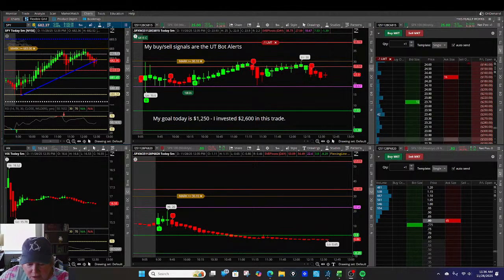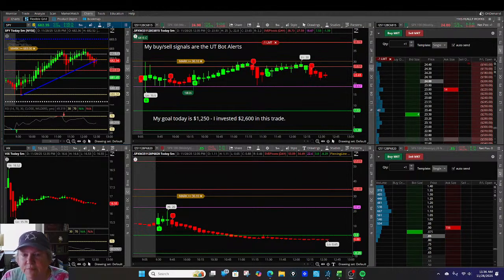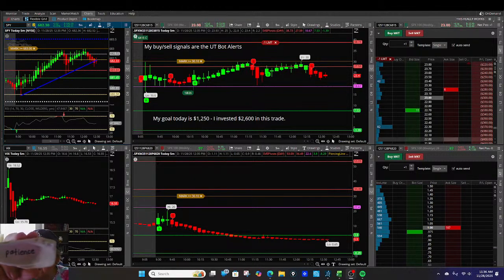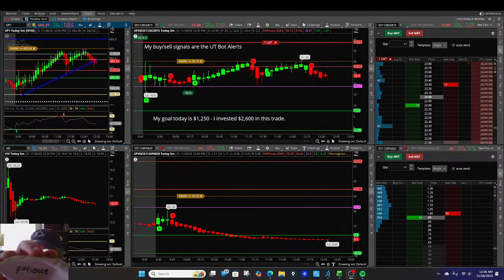Okay. There are two rocks that I have in front of me every day when I'm trading. Let me hold them up. They're shells that I got from the beach because I live near the beach. So I wrote these words. The first one is, you can see it. Is it backwards or is it okay? Yeah. Patience.